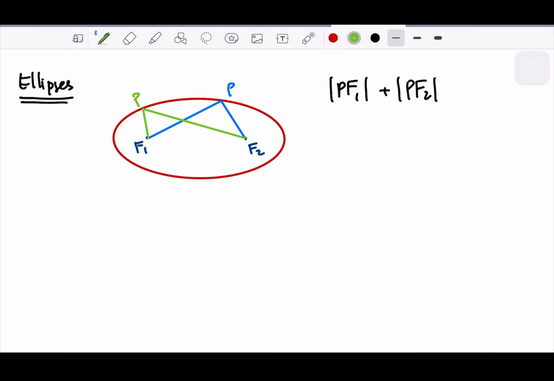So we will have 4a squared minus 4a times the square root, and this is 2cx, so it's 4cx.